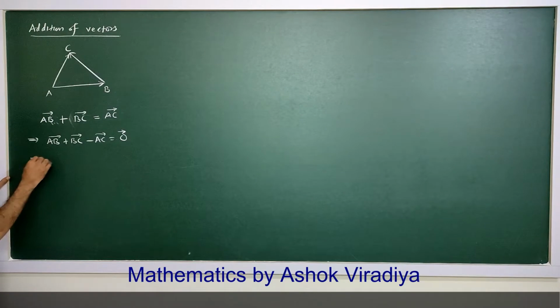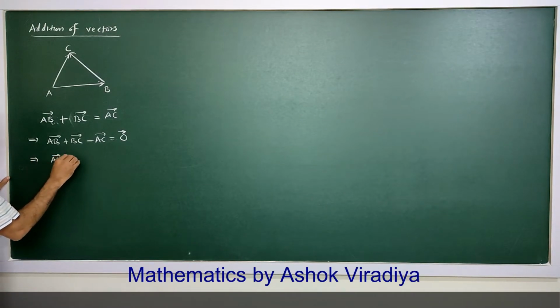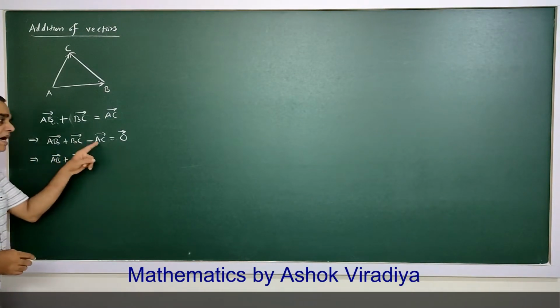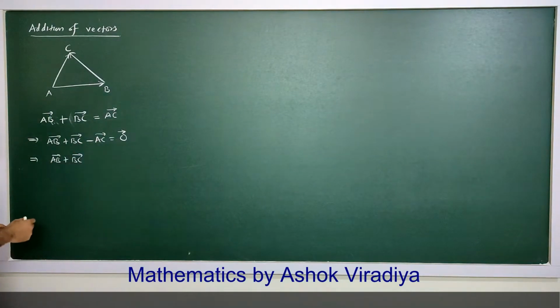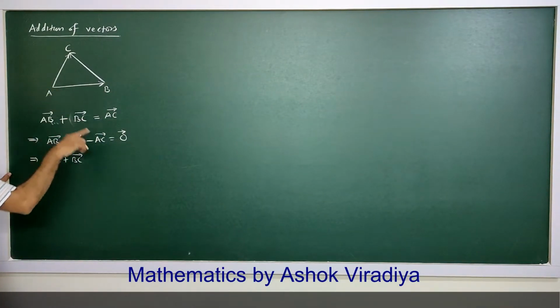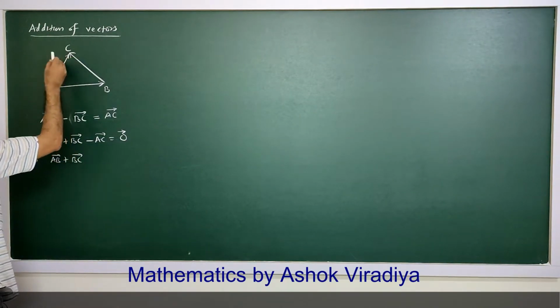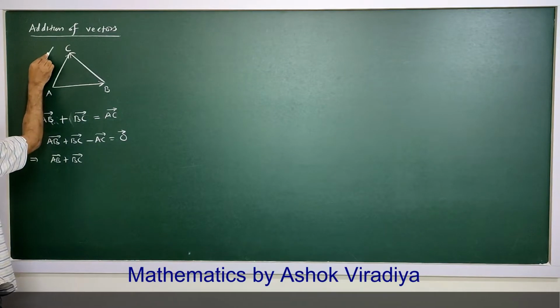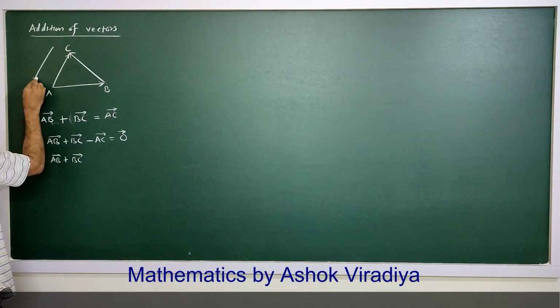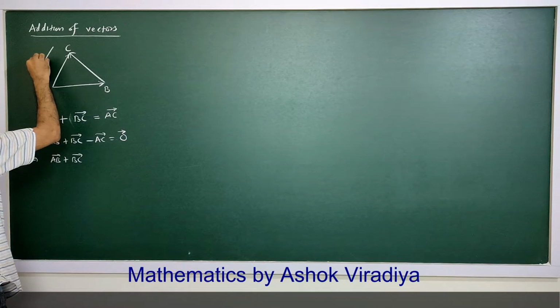That is AB plus BC. Now minus AC. Minus AC, that means opposite vector of AC. This is AC. So this will be minus AC.